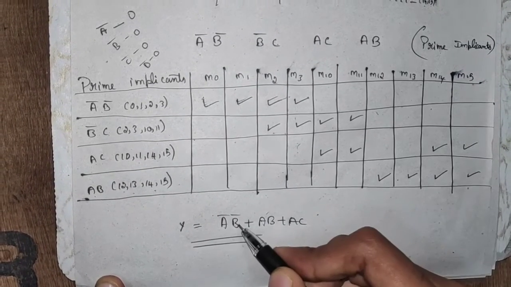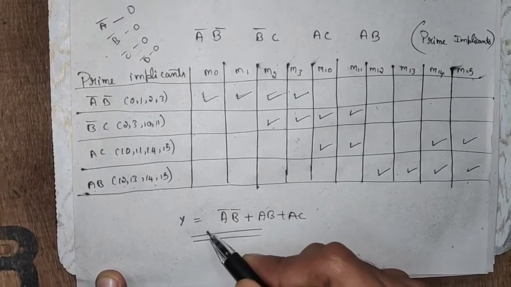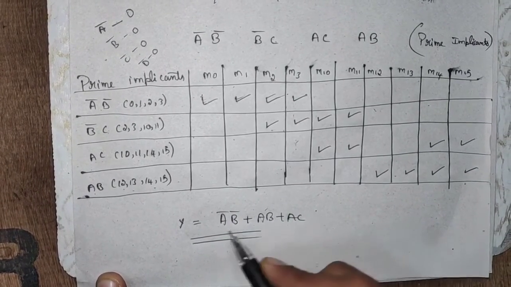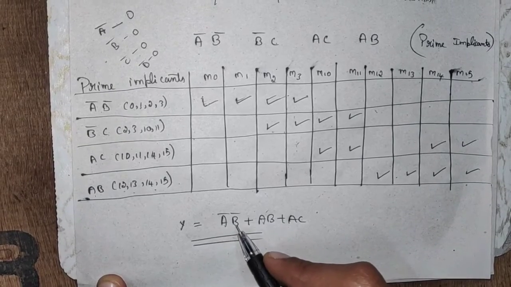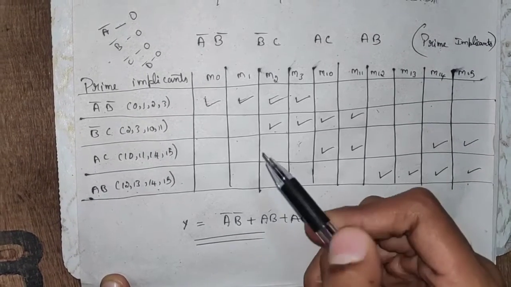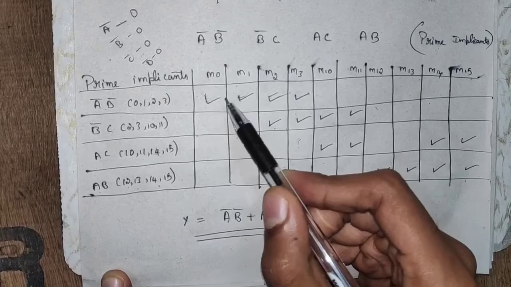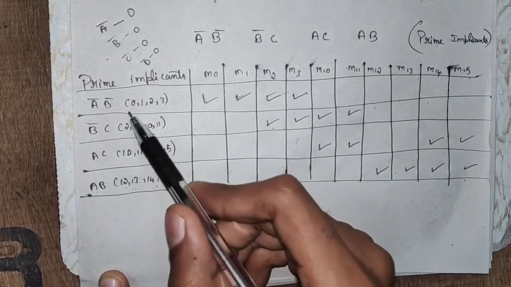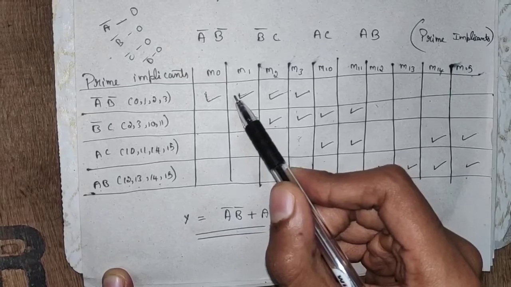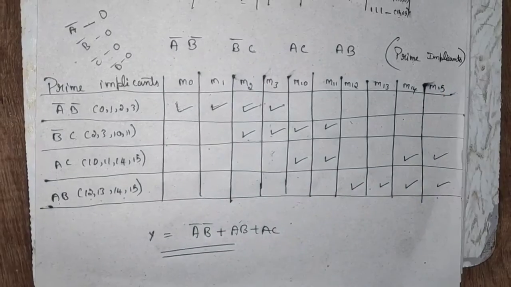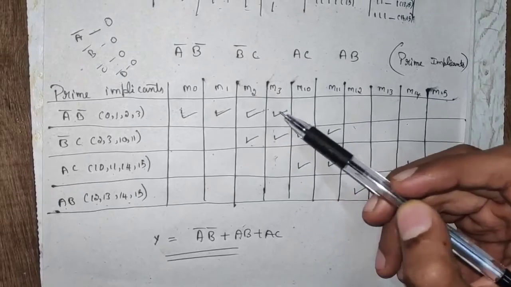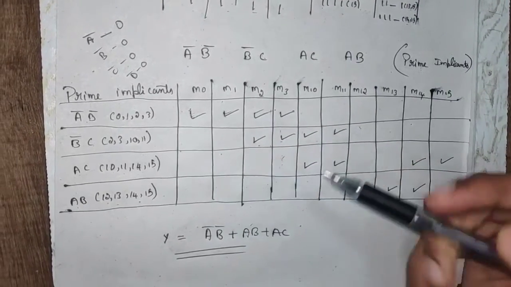So this table can be concluded by giving an expression as A bar B bar plus AB plus AC. Here we can write A bar B bar because we have a number present in m0 which comes under A bar B bar, and as we can see here, m0, m1, m2, and m3 have been placed under the A bar B bar row.